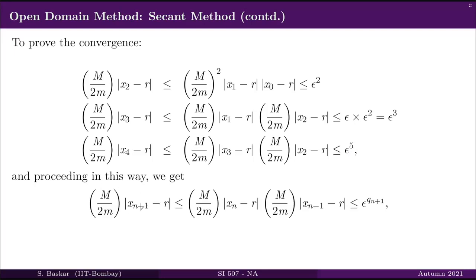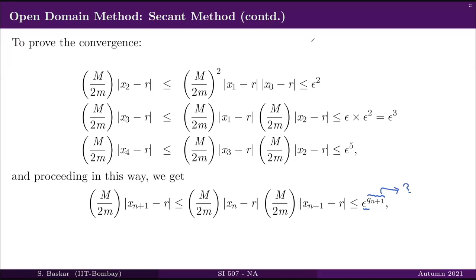In general, at any nth term, you will have M by 2m into modulus |x(n+1) minus r| less than or equal to epsilon to the power of the number q(n+1). And what is this number? Well, let us carefully observe.